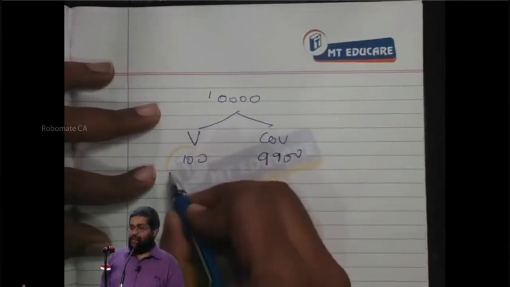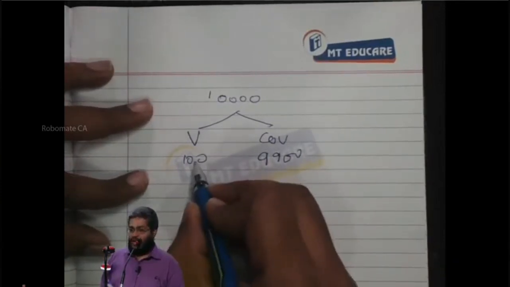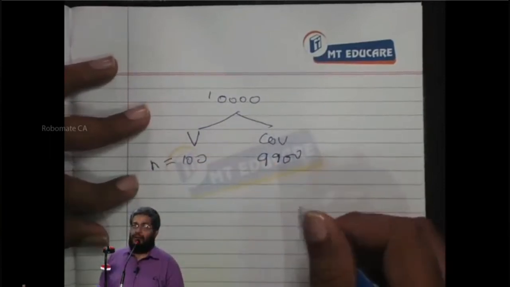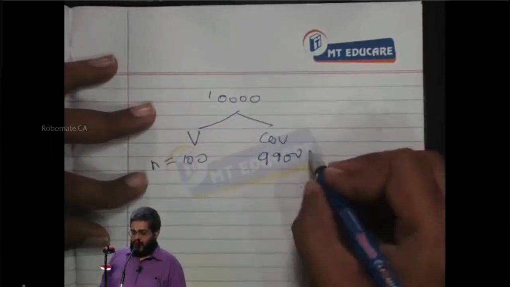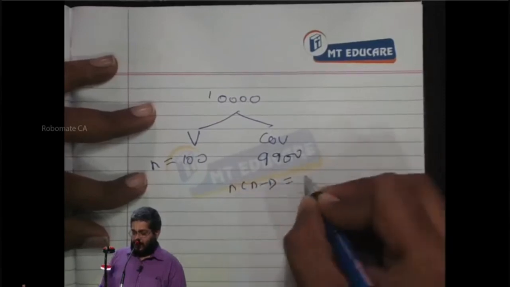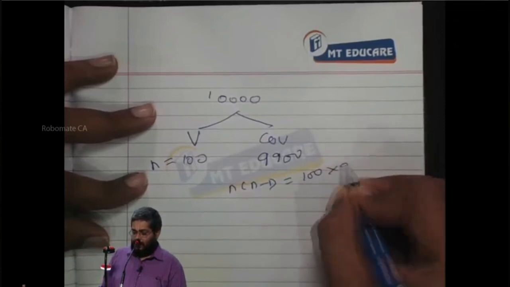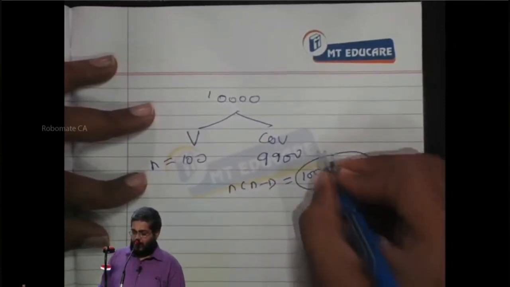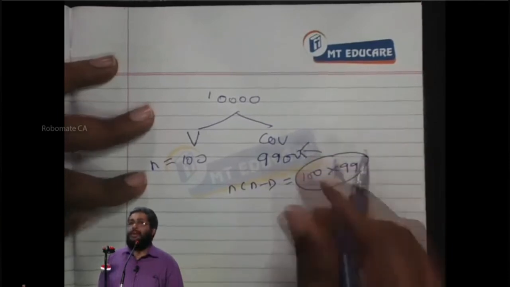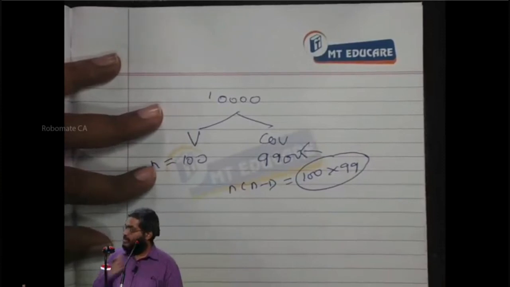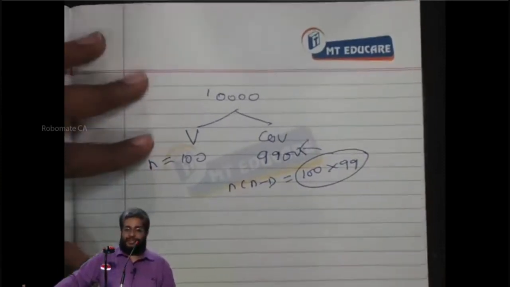How many variance terms? N is equal to 100. Covariance terms: n into n minus 1 is equal to 100 into 99. How many terms? 9,900 terms. Can I proceed?